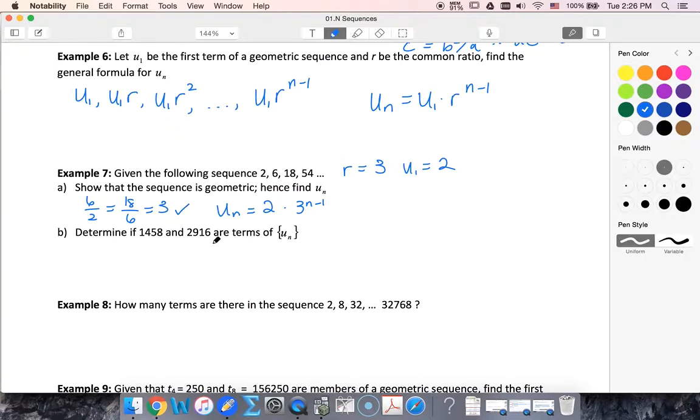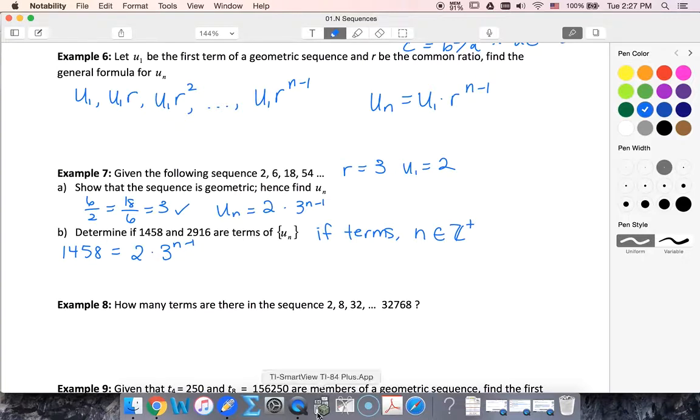Okay, are they terms? If they're terms, then n is going to be an integer, more specifically a positive integer. So this would be our U sub n. We would get 2 times 3 to the n minus 1.